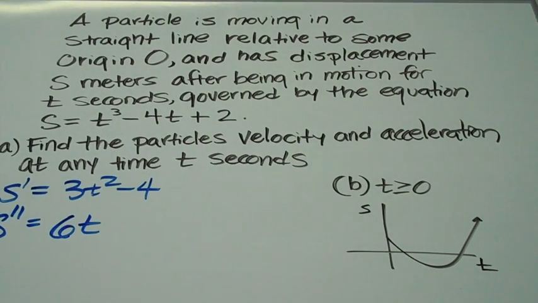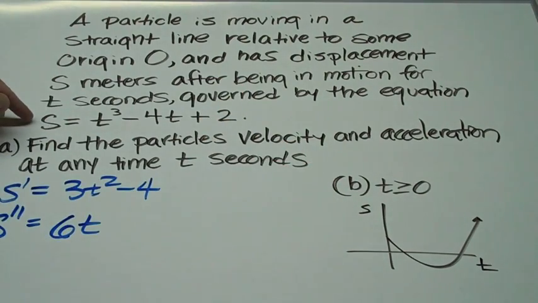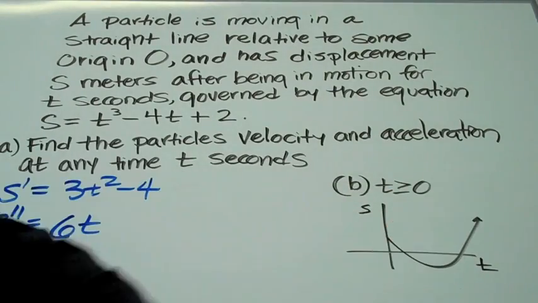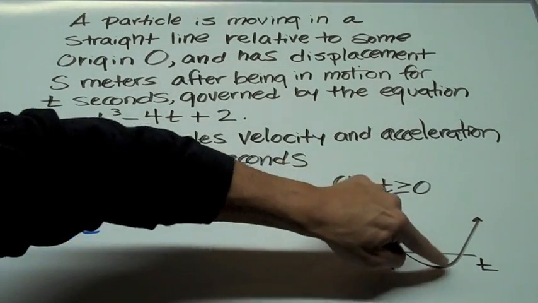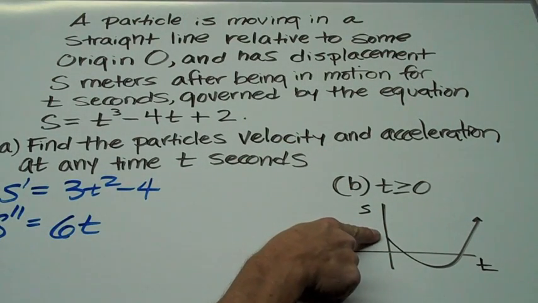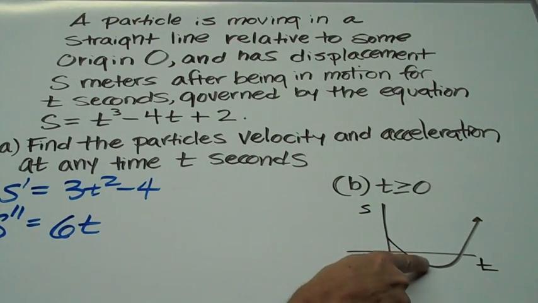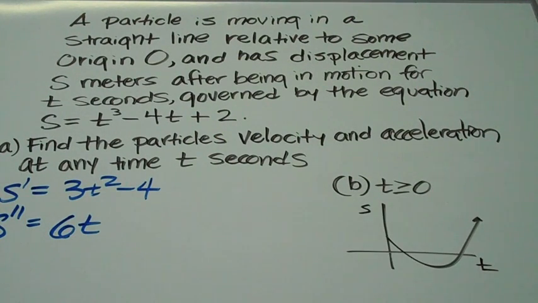In the second part it says, describe its motion. Well, what I did is I used my handy-dandy graphing calculator and I graphed its motion, its displacement. And I get this. Well, how do we interpret that? It gets tricky. It's positive, 0, negative, 0, positive, which means it starts to the right of O, goes to O, goes to the left of O, stops, turns around, goes back to O, and then to the right of O. Remembering in our last slide, positive displacement just means we're to the right.